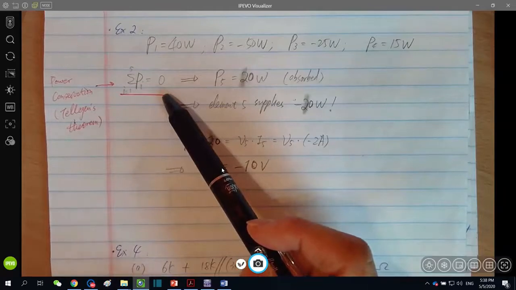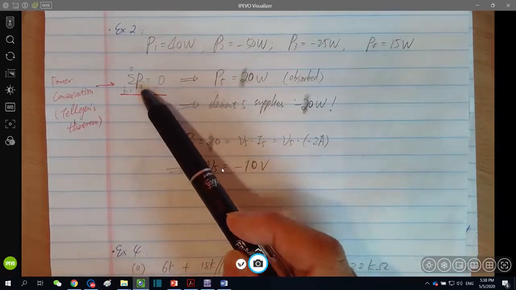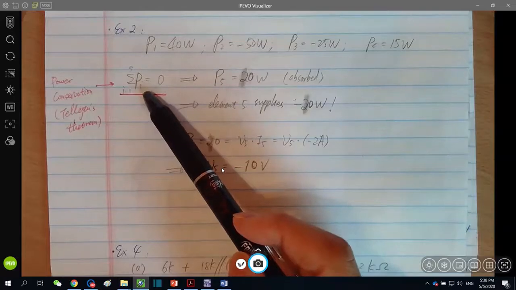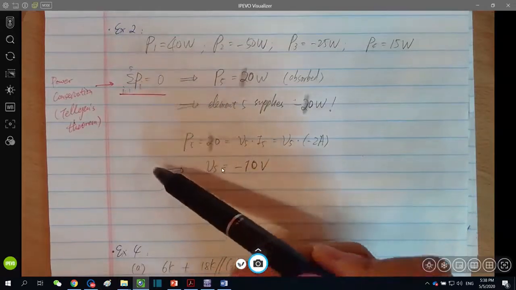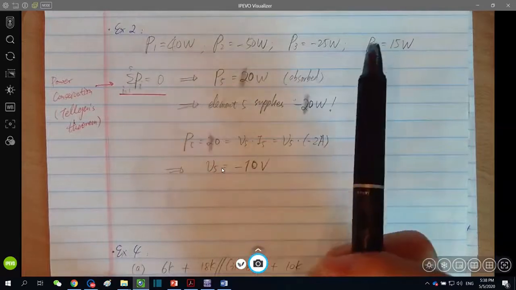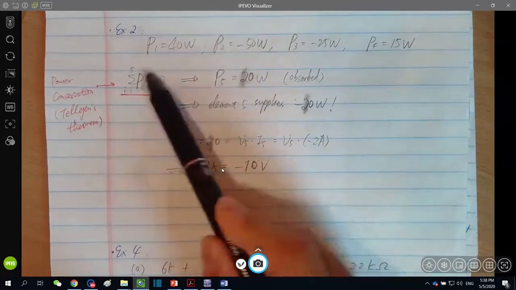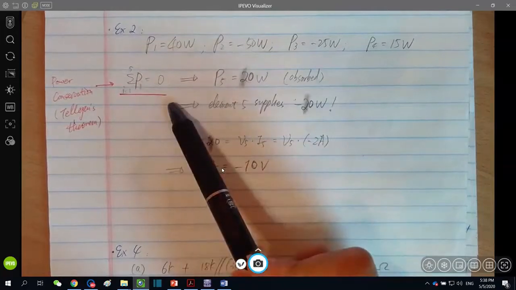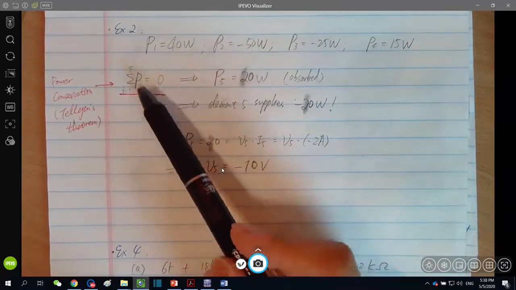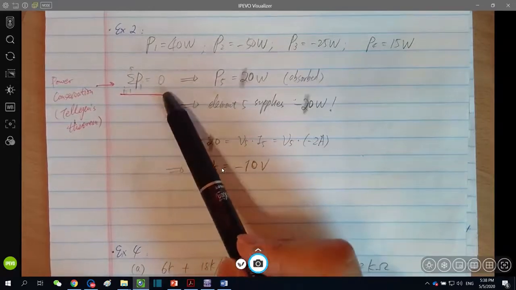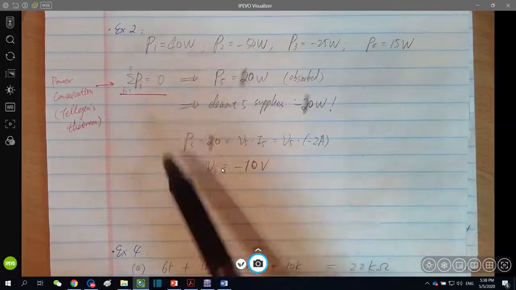You can think in this way, that the power provided by something equals the power consumed by others, right? So if you count the providing and consuming into the sign of the power, then the summation of them total is equal to 0. For this particular example, we have 5 elements, so summing their power together, we should end up with 0.